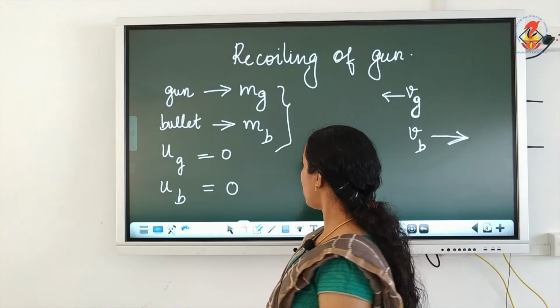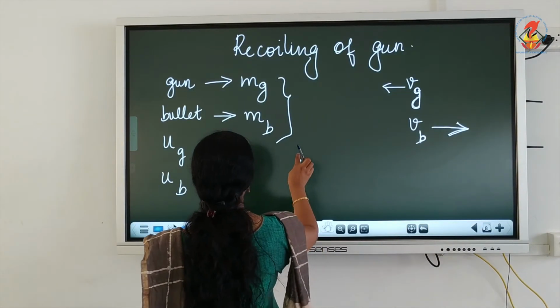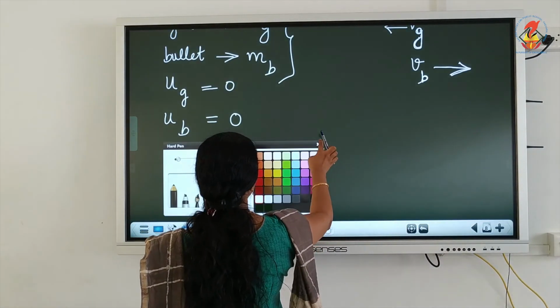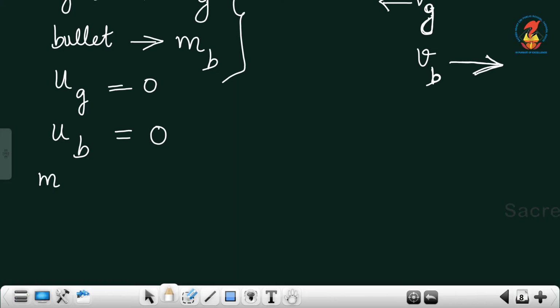Now, according to the law of conservation of momentum, the total momentum before collision is MAUA plus MBUB.